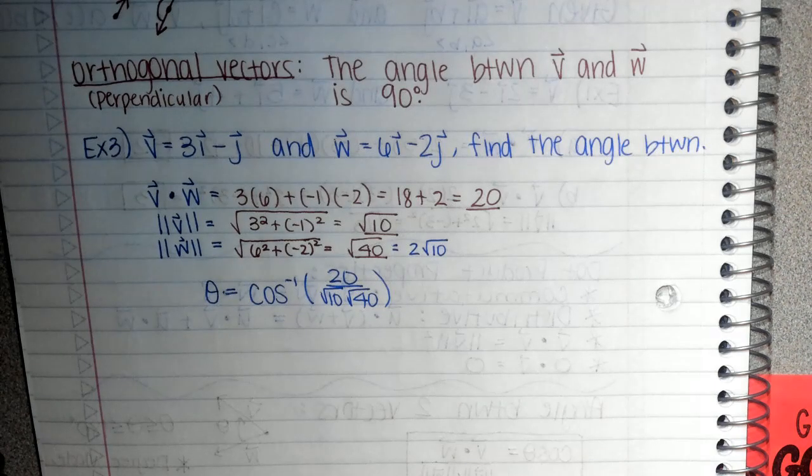Inverse cosine 20. Nope, that was too much. And what do we get as our answer? Okay, don't just put 0 though. Put 0.0 because that lets me know it wasn't exact, it was a roundabout answer.